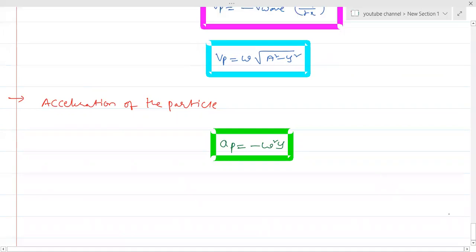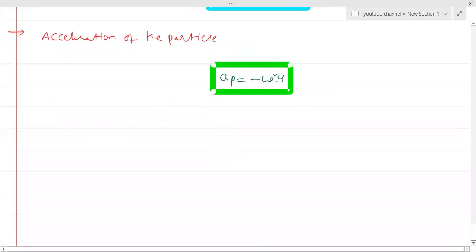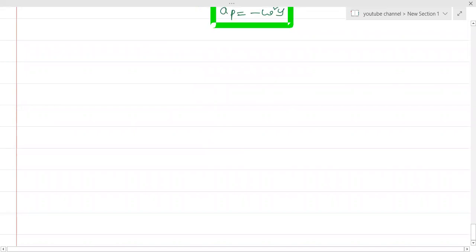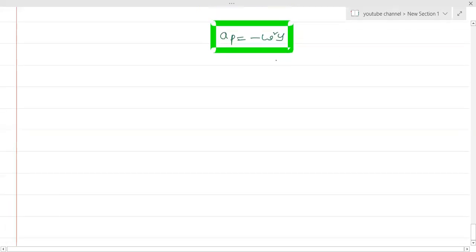So we need to understand this. From this we will conclude that the acceleration direction is towards negative displacement.